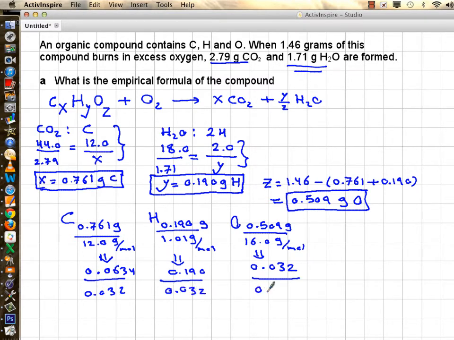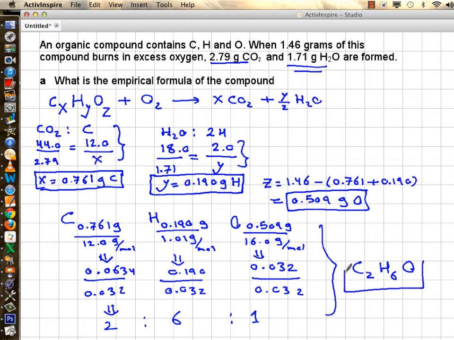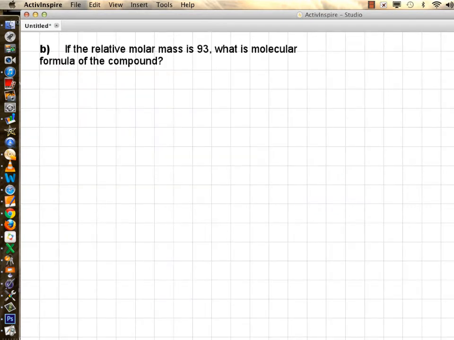Once you do that, you have 2 carbons, you will have 6 hydrogens and you will have 1 oxygen. So the empirical formula is C2H6O.